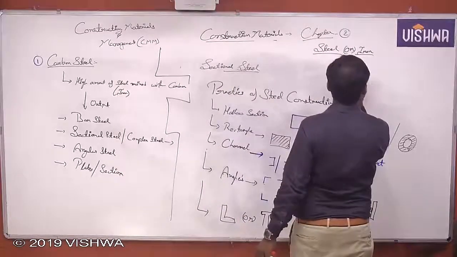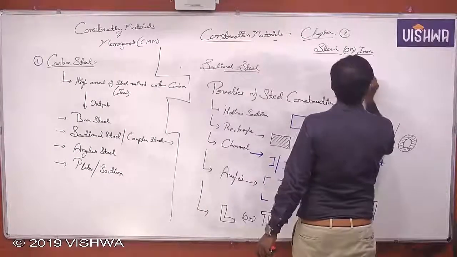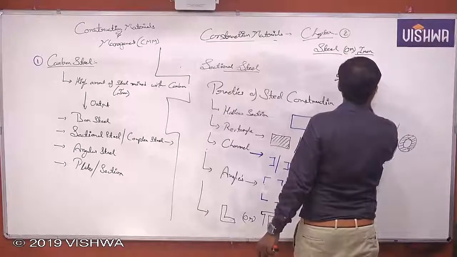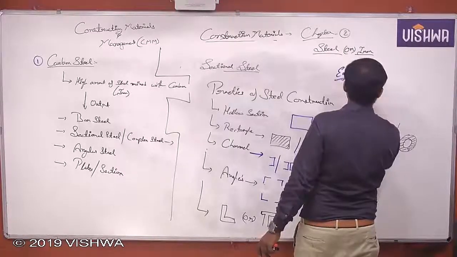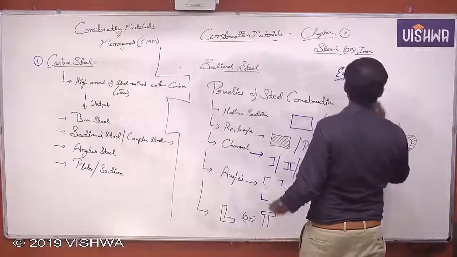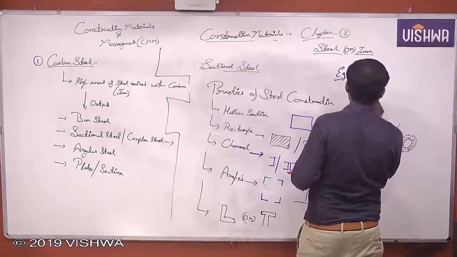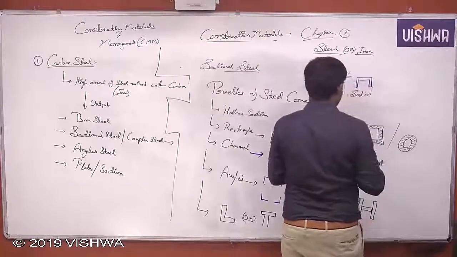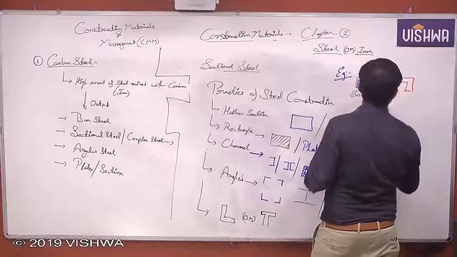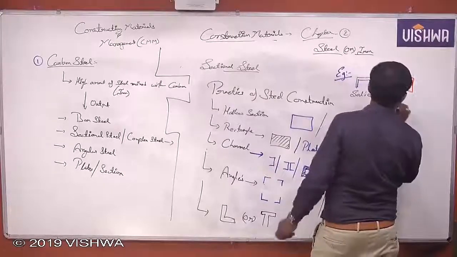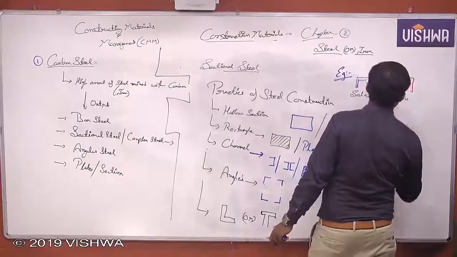For example, we are constructing a bar with respect to a solid element. It is completely solid. The other one is constructed with a hollow section.